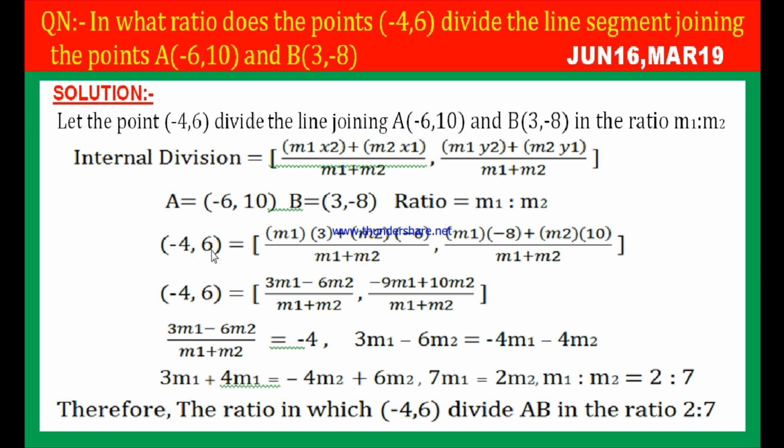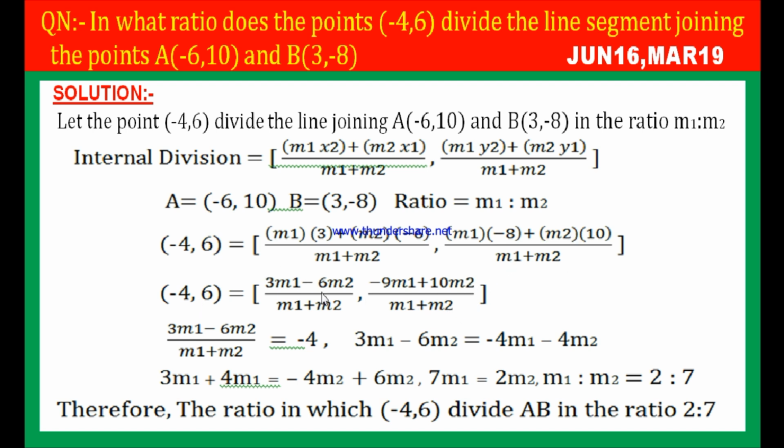Now this is equal to (3m1 - 6m2) by (m1 + m2), and (-8m1 + 10m2) by (m1 + m2). Please rectify this, just a mistake is there.